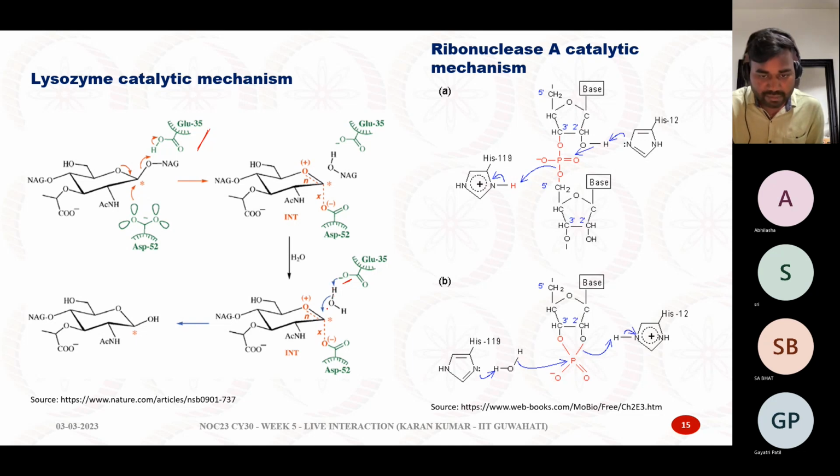This creates the OH as a nucleophile, which will attack the chain, and that is how you get one monomer separated from the structure.